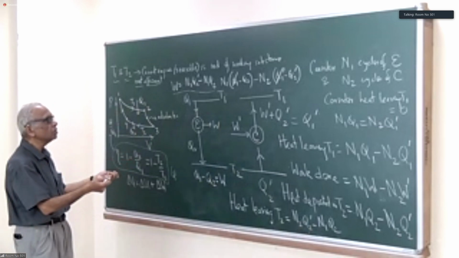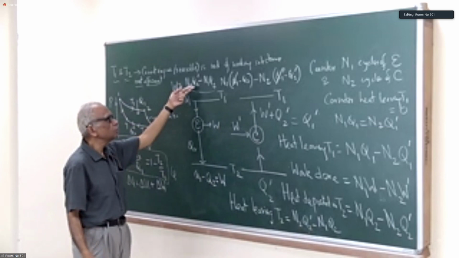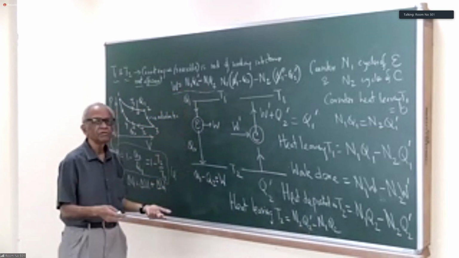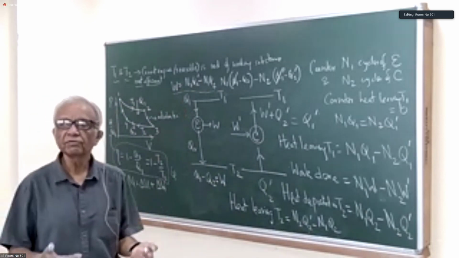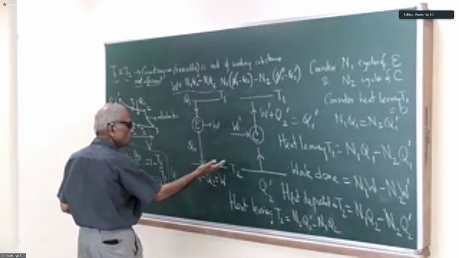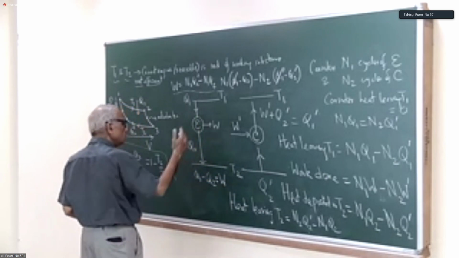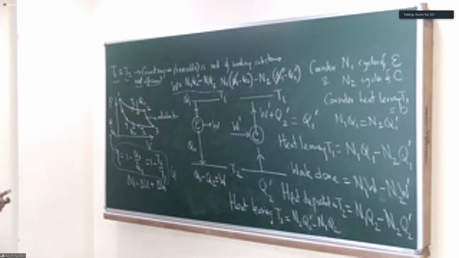And how much work is getting done? The identical amount, N2 Q2 prime minus N1 Q2. So what we have engineered is that we have managed to extract heat from a reservoir and convert it completely into work, and therefore that cannot happen.